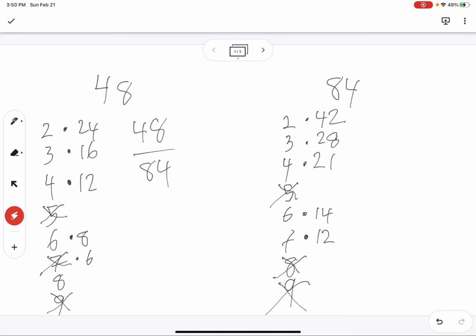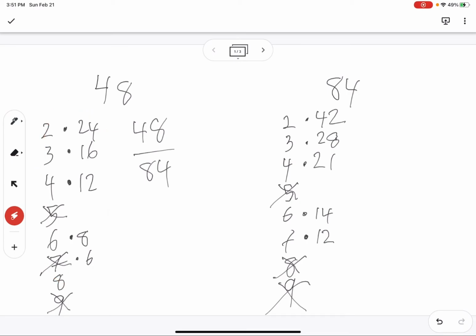All we have to do is look for the largest common factor, meaning that it's the same number on this side as this side. We see here that 42 is a factor of 84. Is it a factor of 48? Nope, it's not. So what about 28?